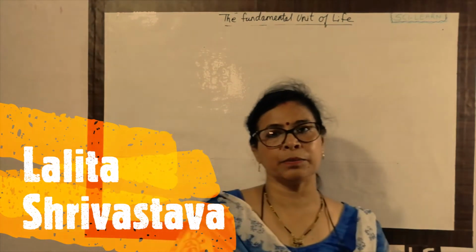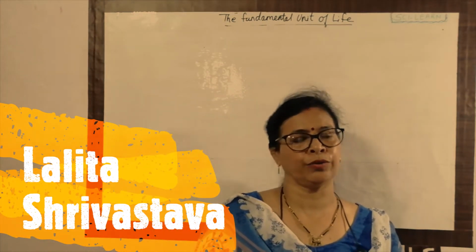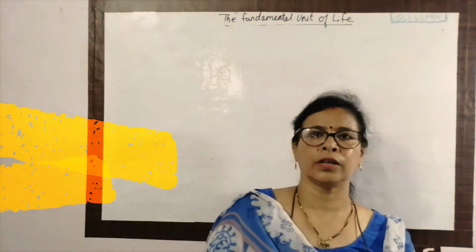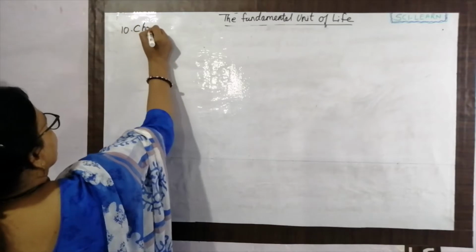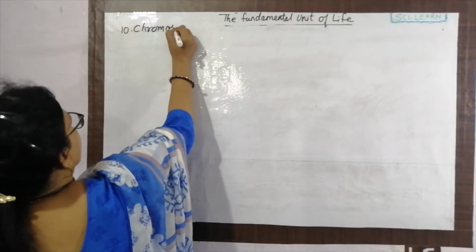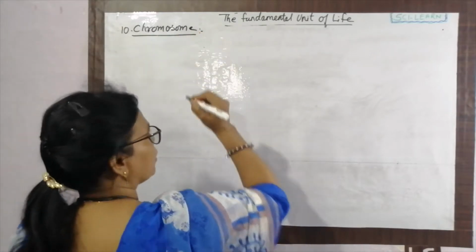Now, once again, with this is class 9 students, the same topic, the fundamental unit of life. And the 10th cell organelle is called the chromosome. We are already discussing this cell organelle.